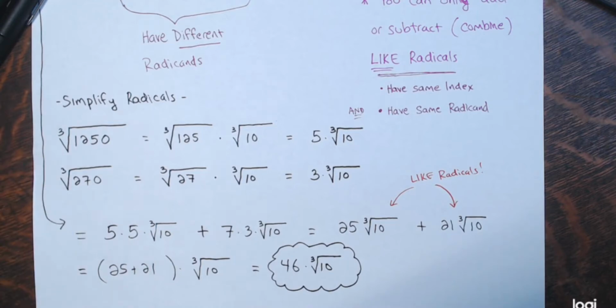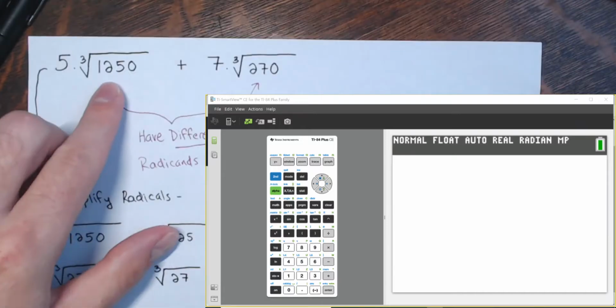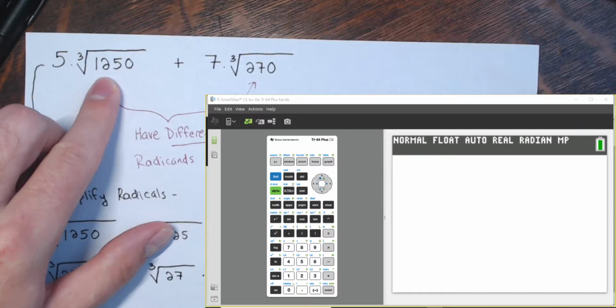All right, let's double check. So what I'm going to do is pull up a calculator here, and I'm going to enter my initial expression, that was given to me.